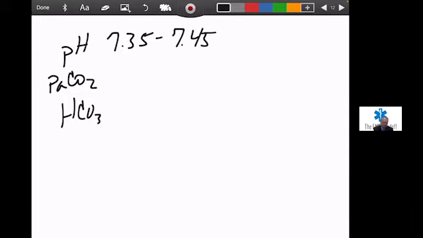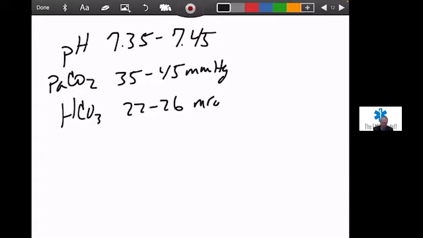For PaCO2, the normal range is 35 to 45 millimeters of mercury. And for HCO3, the normal range is 22 to 26 milliequivalents per liter.